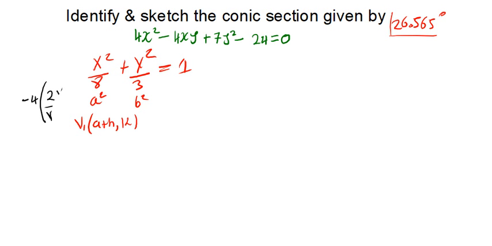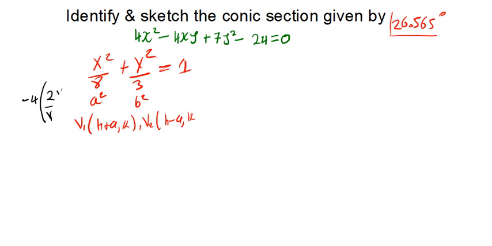Then my v2, in fact, let me write this a bit differently. Let me write it as h plus a comma k. That's much better. So v2 is going to be h minus a comma k, because the vertices all together are h plus or minus a comma k.